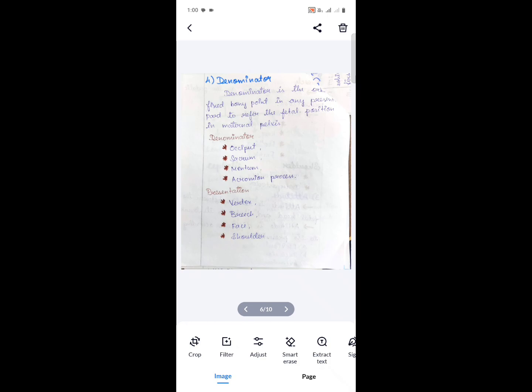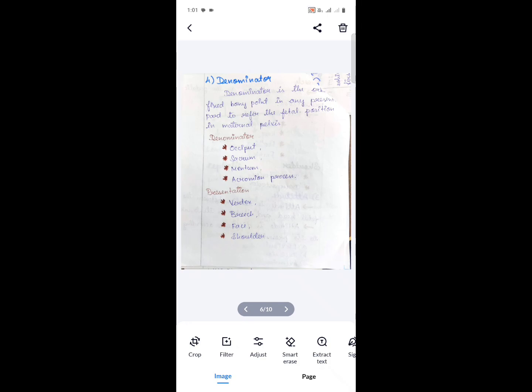And next, denominator. The denominator is an arbitrary fixed bony point in any presentation's presenting part, used to refer to the fetal position in the maternal pelvis. The part that is present at the vaginal orifice and that we can feel particularly, we call the denominator. The denominators are the occiput, sacrum, mentum and acromion process.